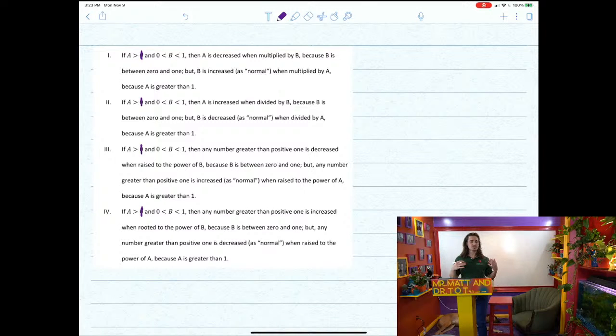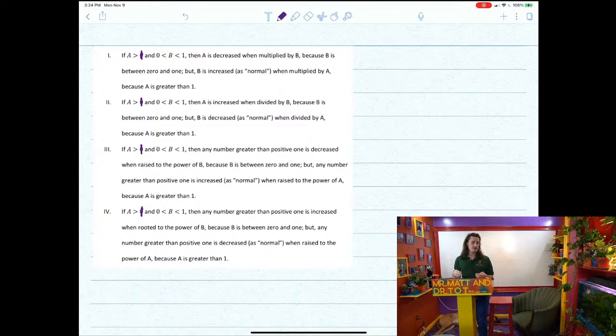Whenever something is multiplied or divided by something greater than 1, what you normally expect is that multiplication would increase and division would decrease. But if you're multiplying or dividing by a number between 0 and 1, the opposite is going to occur. When you multiply by a number between 0 and 1, it goes down.